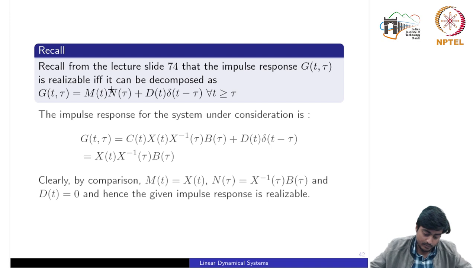By realizability we actually mean the physical implementation of that impulse response. Since we computed this impulse response from a practical electrical circuit, it was trivial that it would be implementable. But since we want to show the application of those theoretical results, just for that sake, we have shown how these M and N matrices can be computed. Okay.